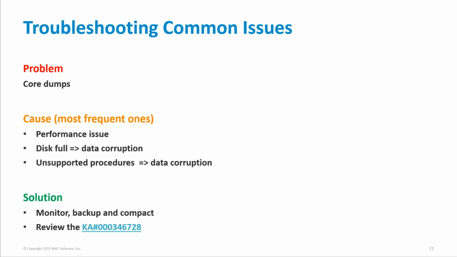Another type of frequent unsupported procedure is about the restore procedure and the backup. It's important when you use VMware snapshots to stop all the members at the same time before taking the backup. If you let them run and you take a VMware snapshot, the problem is that there will be a desynchronization between the status of each member.